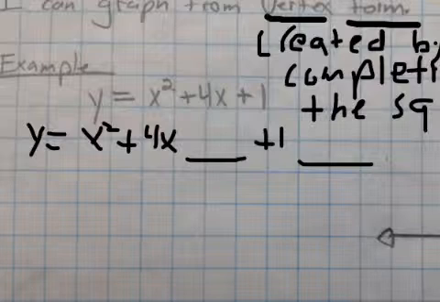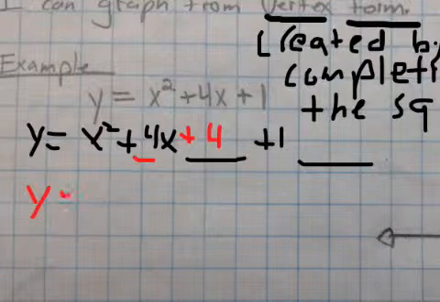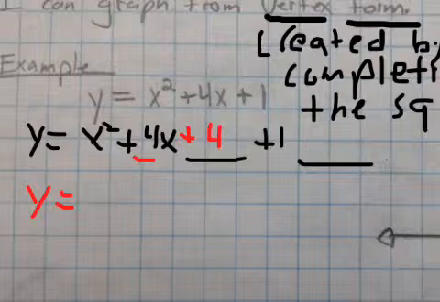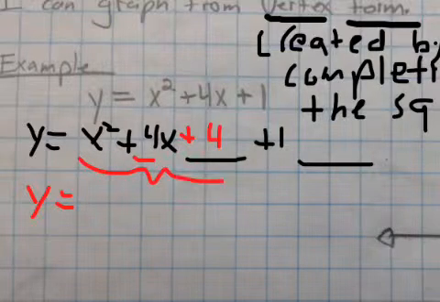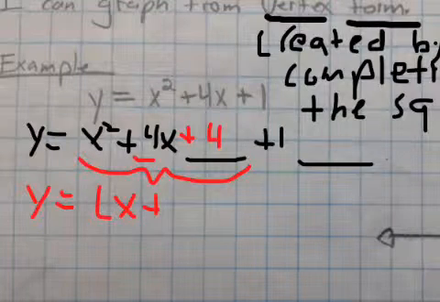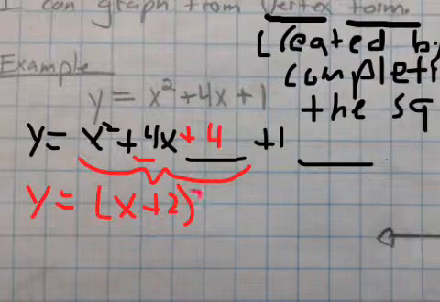We're going to take 4, and we divide it by 2, and then square it. So 4 divided by 2 is 2, squared is 4. So we're going to add 4 here. Alright? Which means that now we can factor this part to x plus 2 squared, right?